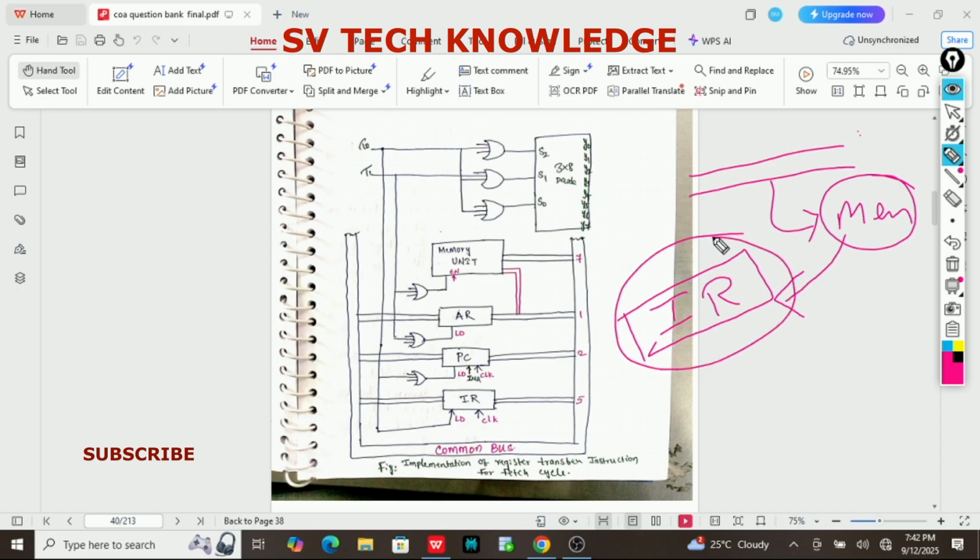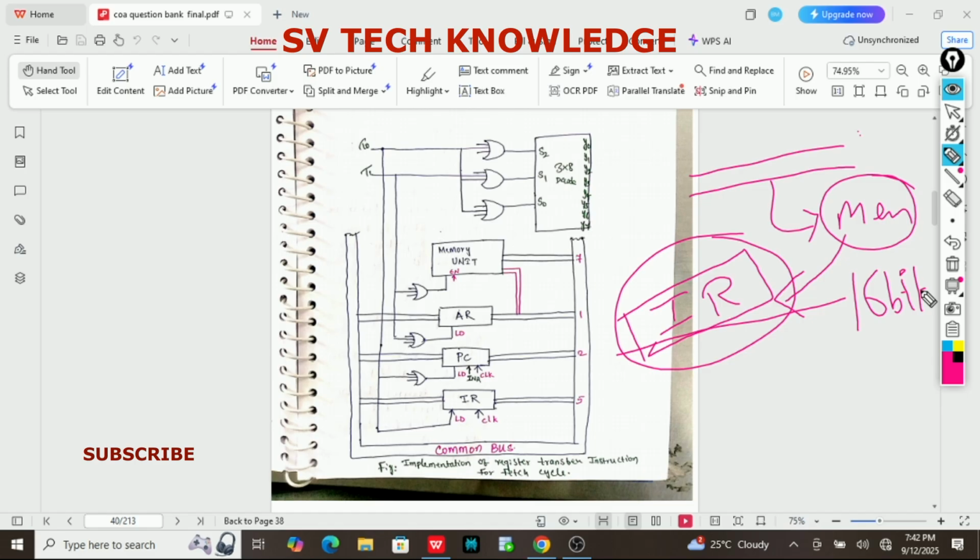So you know what the instruction register is. The instruction register is a register which stores the currently executing instruction, and it is 16 bits in length. The 16-bit instruction register stores the instruction which is going to execute currently.